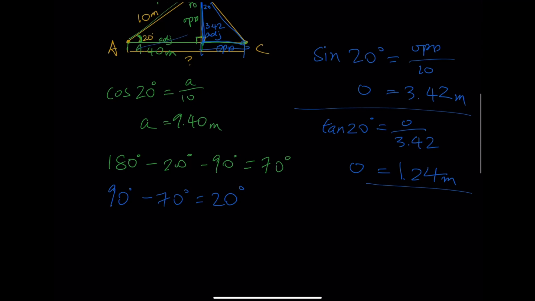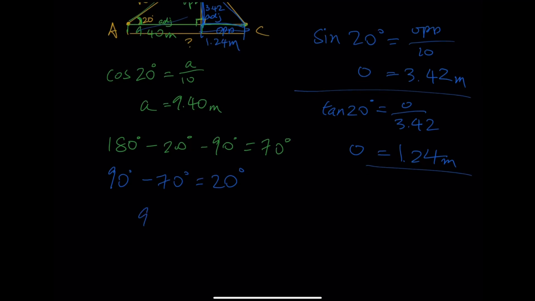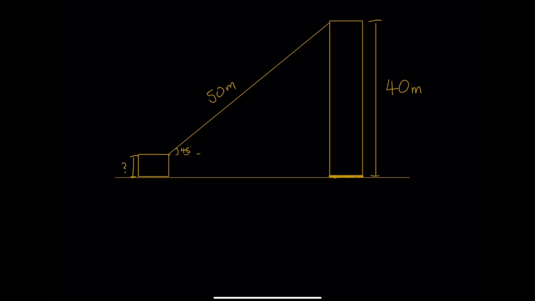And that is the length here. Now we just got to add up the two lengths, so 9.40 meters plus 1.24 meters is equal to 10.64 meters.